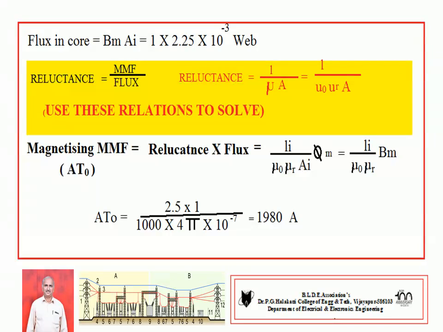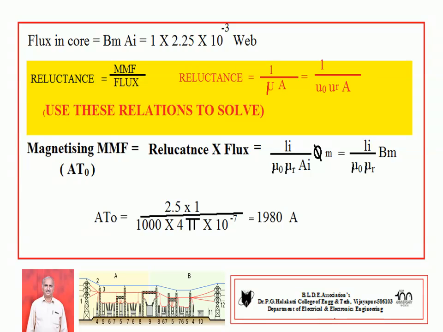After knowing this Bm and Ai, it is very easy to calculate flux. Flux in core equal to B into A, flux density into area, because B equal to phi by A. Use that relation. So we are going to get 2.25 into 10 to the power of minus 3 Webers. The following relation is very important to solve the next step of the problem.